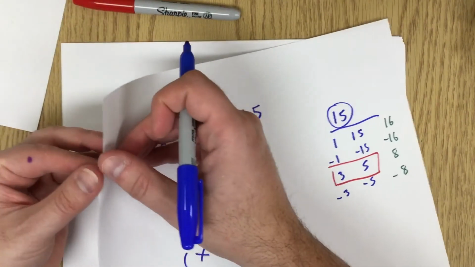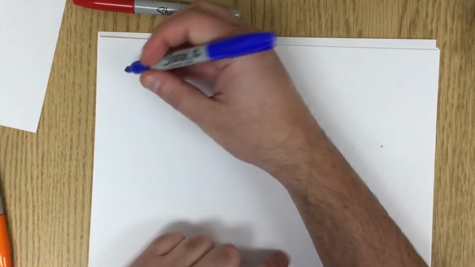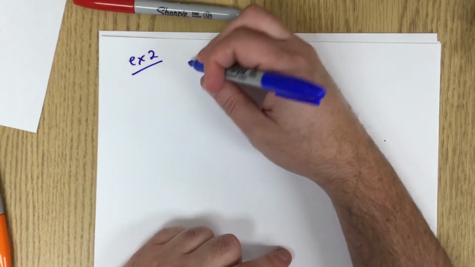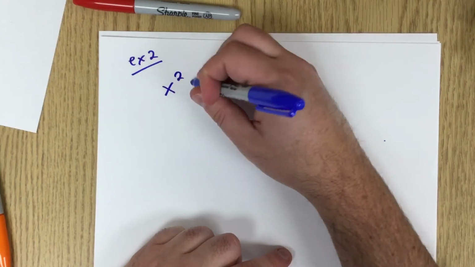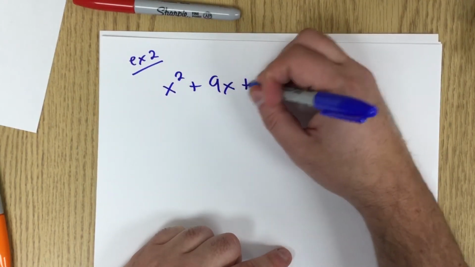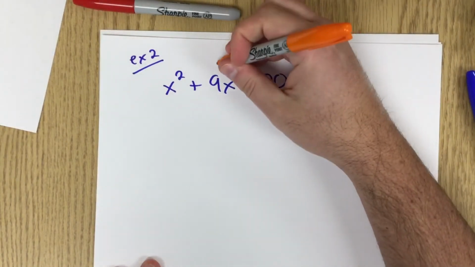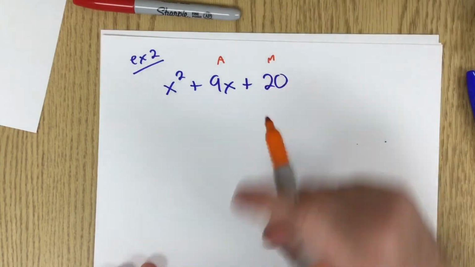So we're going to do a couple of those now. So x squared plus 9x plus 20. It needs to add up to this, and it has to multiply to this.